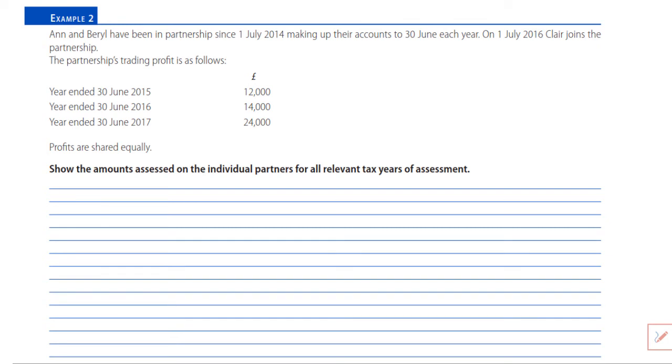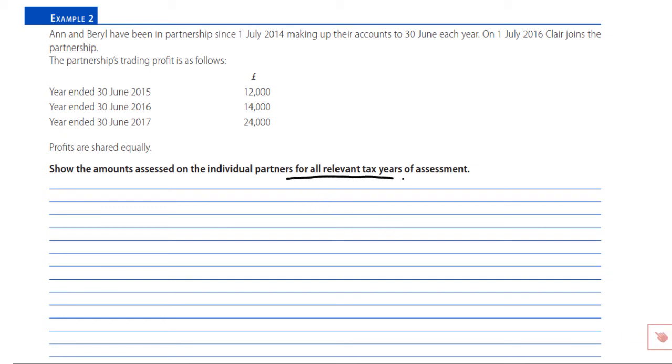I'd like you, therefore, now to work example 2, where again we'll see Anne and Beryl have been in partnership since the 1st of July 14, making up their accounts to the 30th of June each year. On the 1st of July 16, Claire joins the partnership. Show the amounts assessed on the individual partners for all relevant tax years.